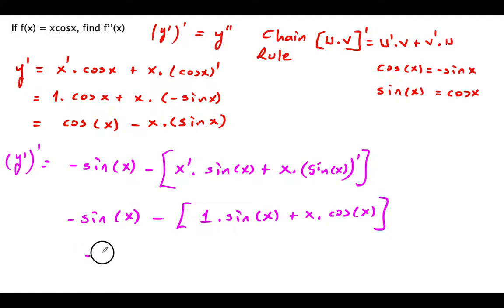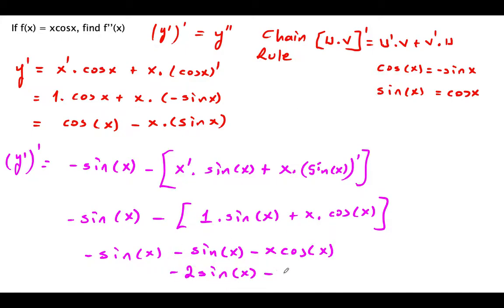So finally, negative sine of x minus sine of x minus x cosine of x. So we can say that negative 2 sine of x minus x times cosine of x is our final result, which is the second derivative, f double prime of x.